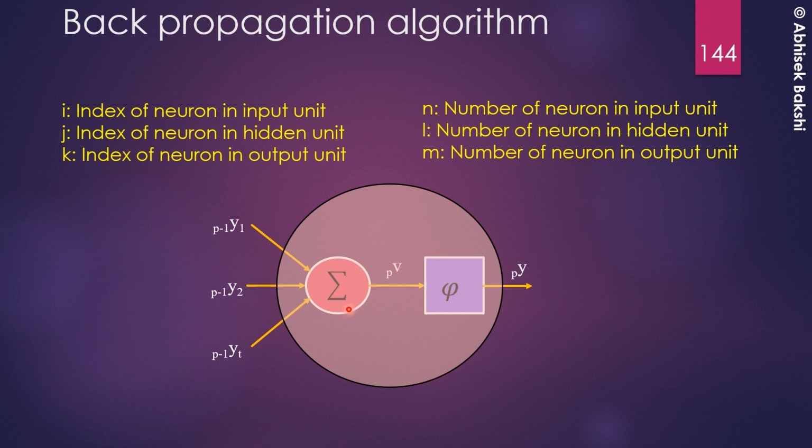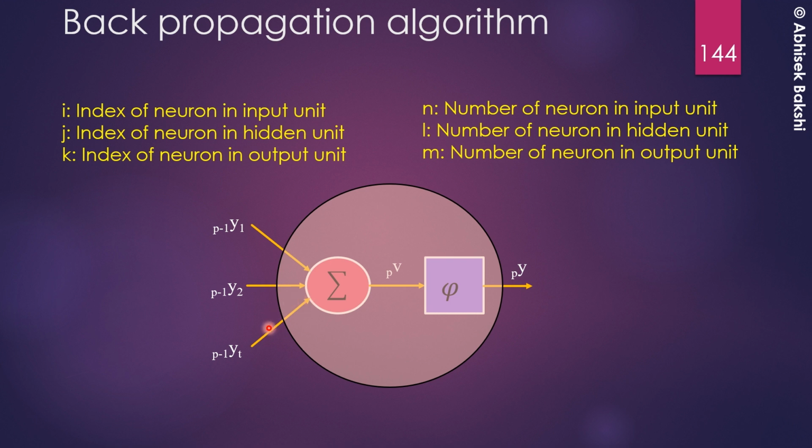So what we know about a neuron with respect to the McCulloch-Pitts model remains the same here. That means we will have some summer which will aggregate all these inputs, but definitely they will be multiplied by some weight value. So I have some w here, some w here, and some w here.